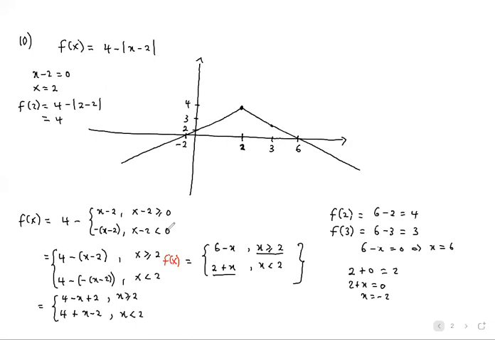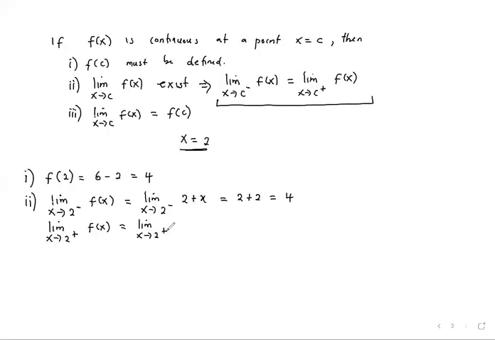Of course, it's 6 minus x. So we have 6 minus 2, which is 4. Now, when the left and right limits are equal, you say that the limit as x goes to 2 of f of x is equal to 4.